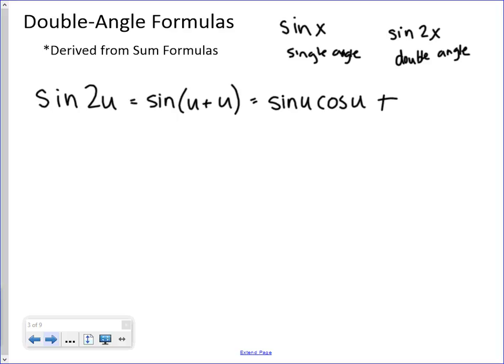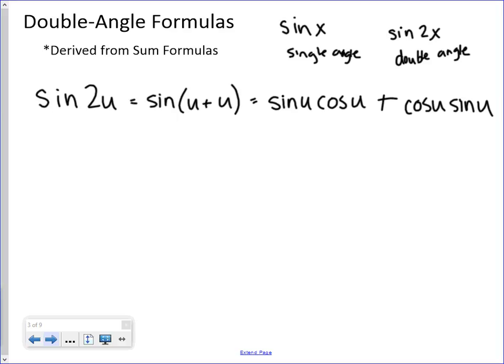And then it tells us to do the sine of v and the cosine of u, or cosine u sine v. So those are both going to be used for me. So cosine u, sine u, because my u and my v are both used now.